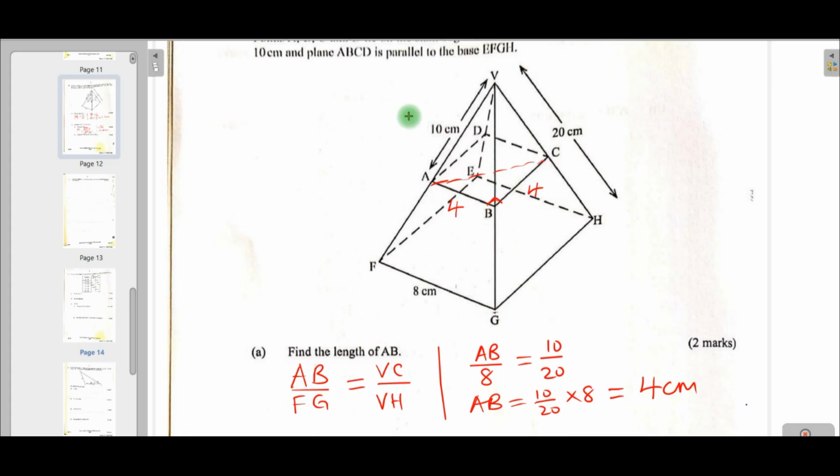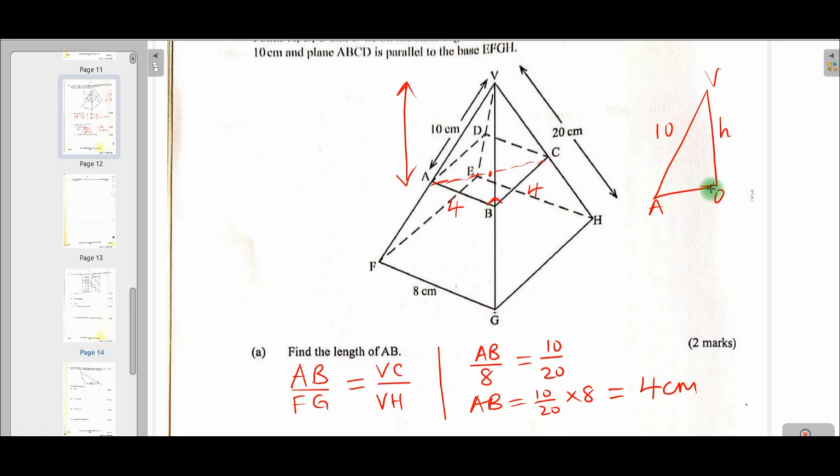We need to get that perpendicular height, and therefore from here I can extract a triangle. From the center, the slant length is 10. Let me indicate this as O, and this is point A. I need this height here, the perpendicular height.